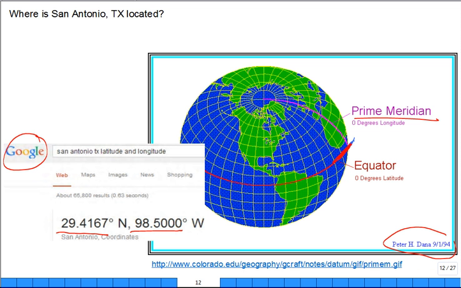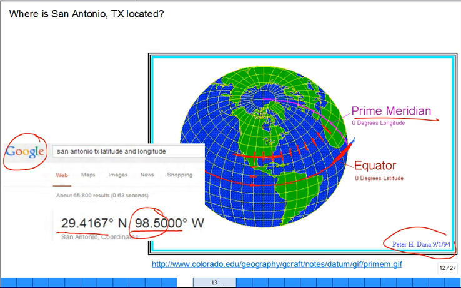Here is 0, go up 10, 20, 30, so we're about 30 degrees north. Then 10, 20, 30, 40, 50, 60, 70, 80, 90, right at 100 west. But it all depends on the datum, where you start the measurement from, true?